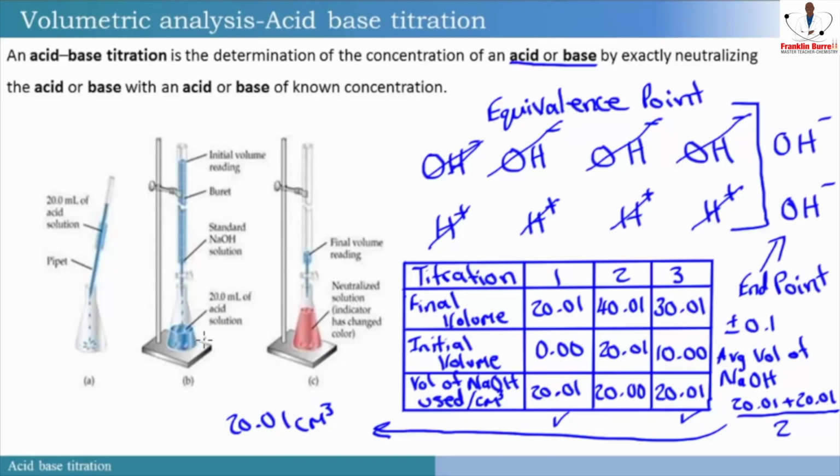And let's call this acid HCl. So now we can carry out our calculation using the standard solution, whose concentration and volume we know, to find the concentration of an unknown HCl.